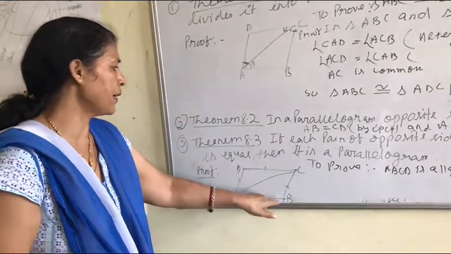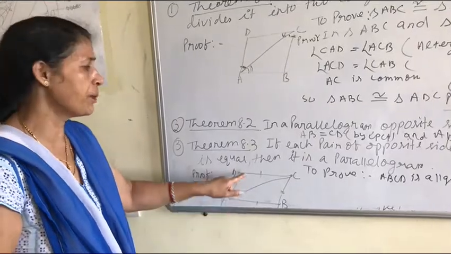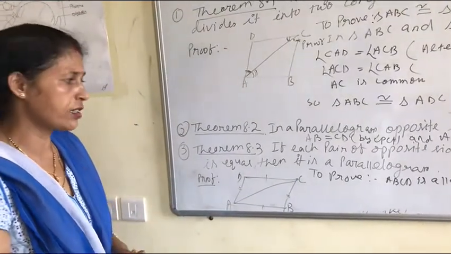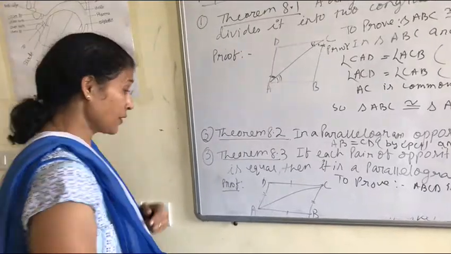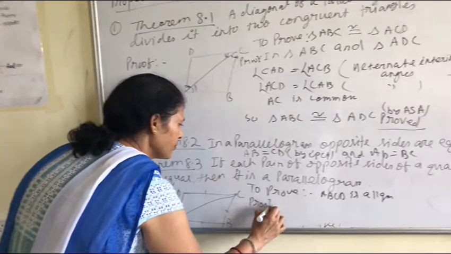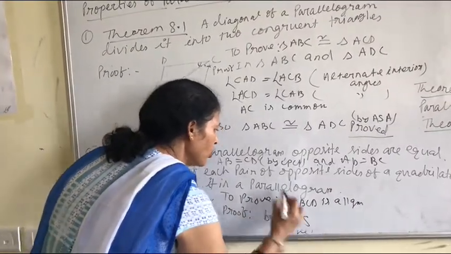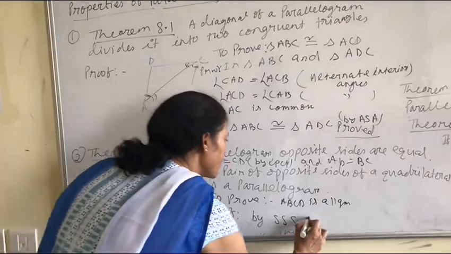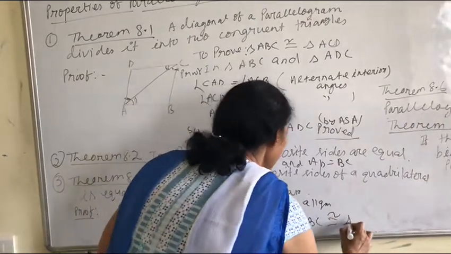What is given? AB is equal to CD, AD is equal to BC, and AC is common. So by the SSS congruence condition, these two triangles are congruent.